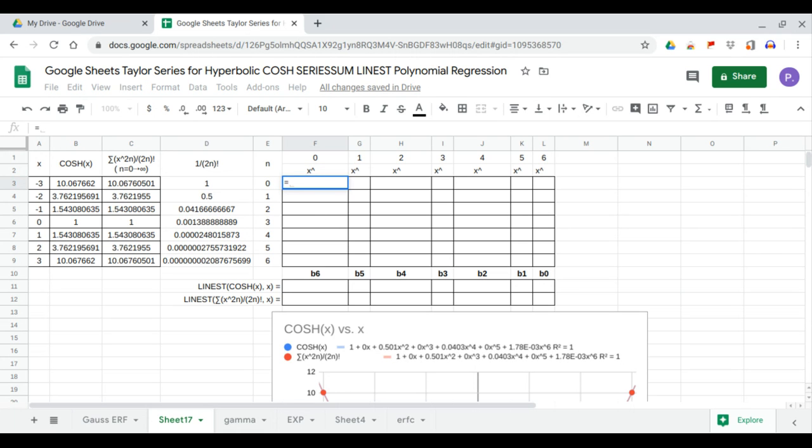So we start with the one column, which is our formula of the x matrix raised to the power 0. So that's the one column. And we lock the reference.